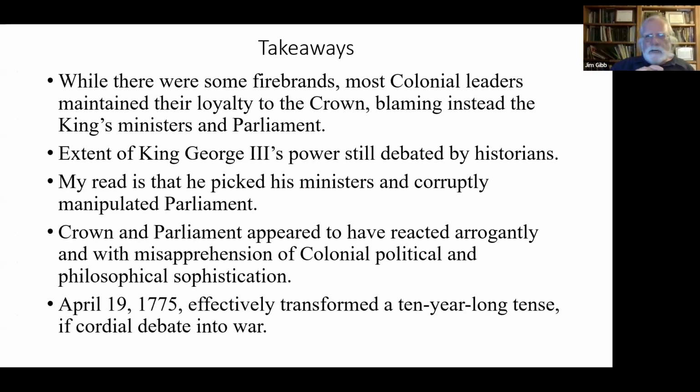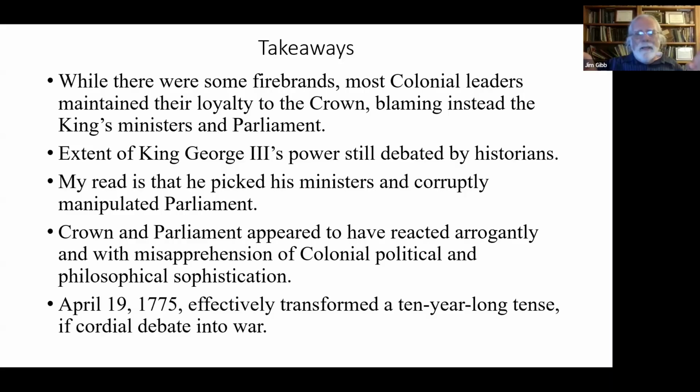So the takeaways for this, first of all, there were colonial leaders, Sam Adams probably being principal among them, who were real firebrands and wanted American independence. Most, however, maintained their loyalty to the crown, blaming the king's ministers in Parliament. Historians still debate the extent of King George III's power, but my reading of it is that unlike his predecessors, going back to the Stuarts, and all of his successors, King George was more than a constitutional monarch.